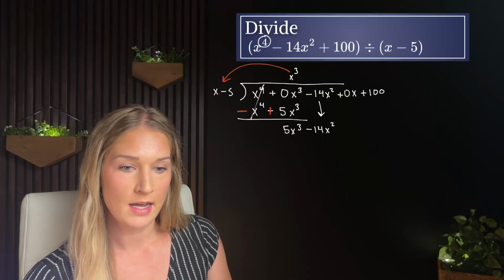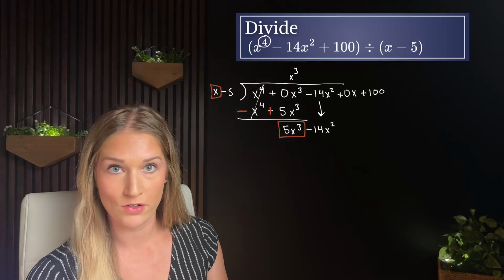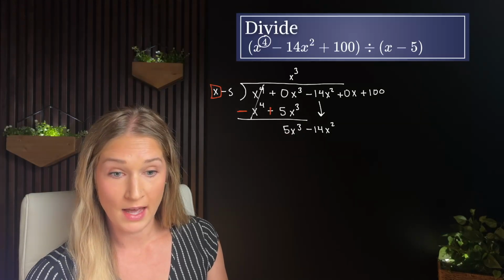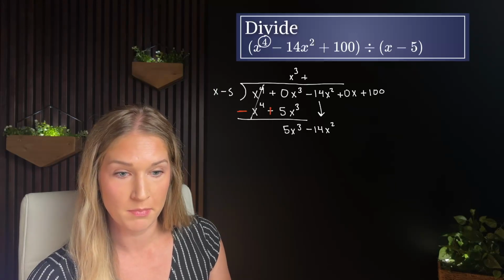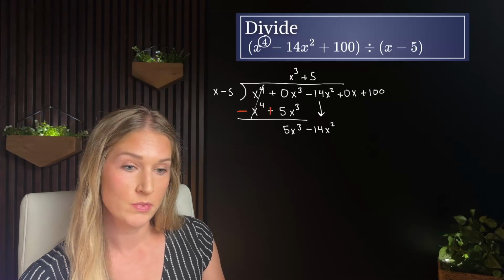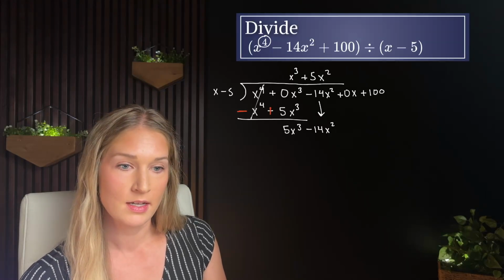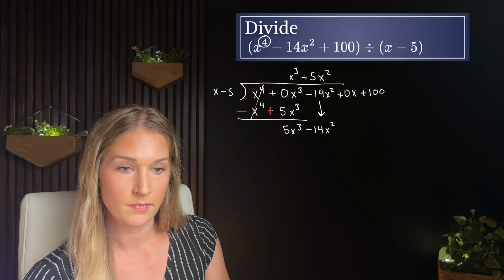The question now is, what do I multiply that leading term x by to get 5x to the third? Well, I need the 5 because my x doesn't have a coefficient of 5, so I'm going to multiply by a positive 5. And then I have an x, but I need x cubed, so I multiply by x squared. And then I take that 5x squared and I distribute down.